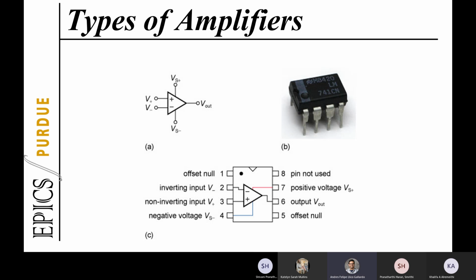And at the bottom, we see the diagram that shows the connections. So, things to keep in mind as you work with this kind of integrated circuits. We see in B where we have the 741, the encapsulation, the physical component.